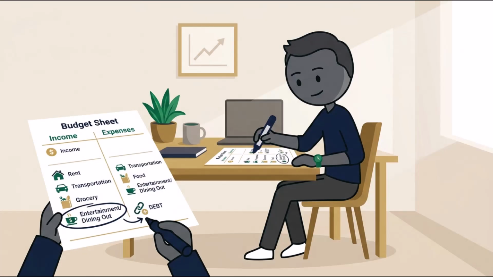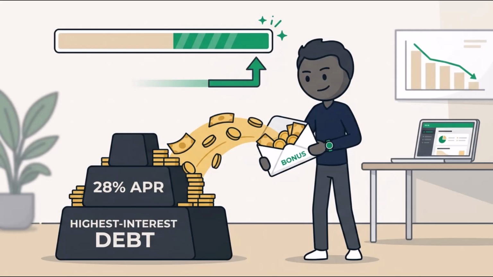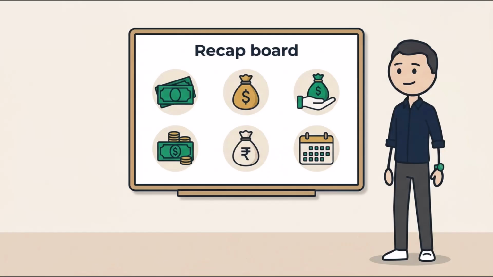Review your spending and look for money that can be redirected toward repayment. And if you receive extra income, such as a bonus or freelance payment, consider using part of it to accelerate the highest interest debt.